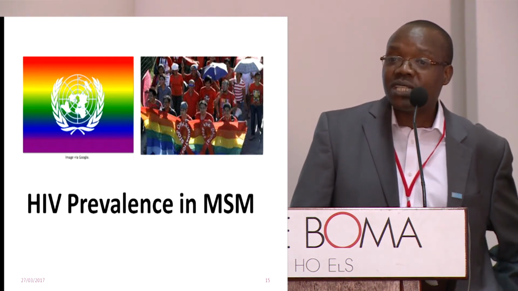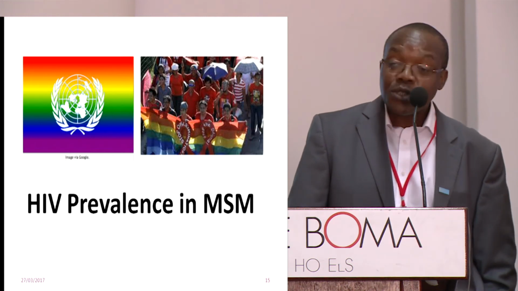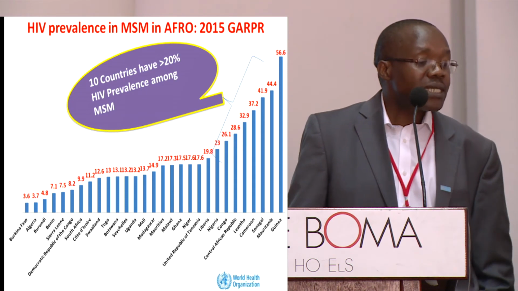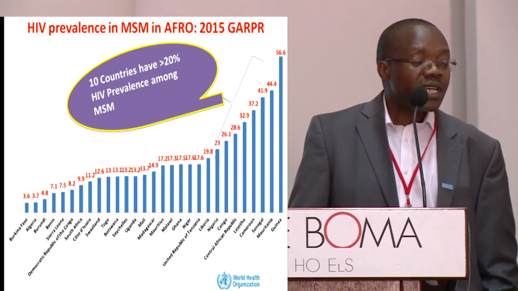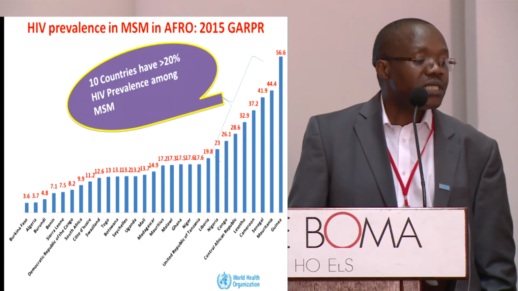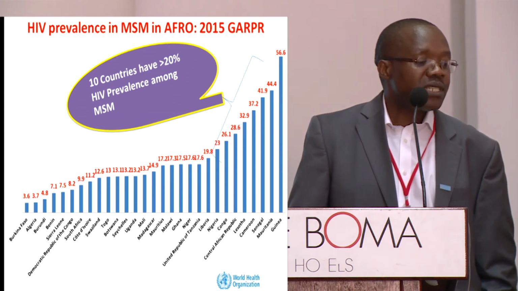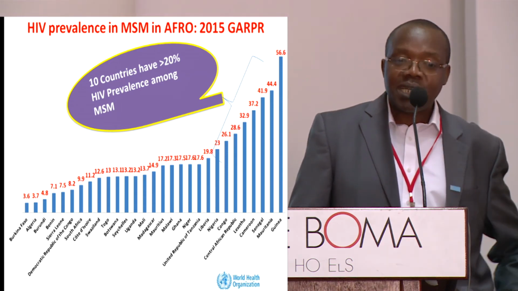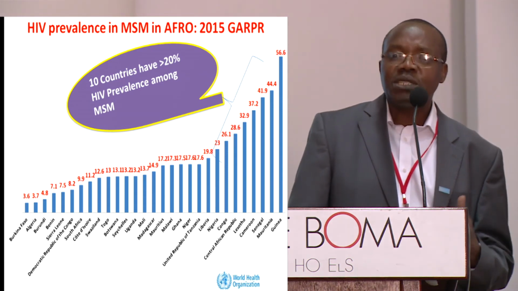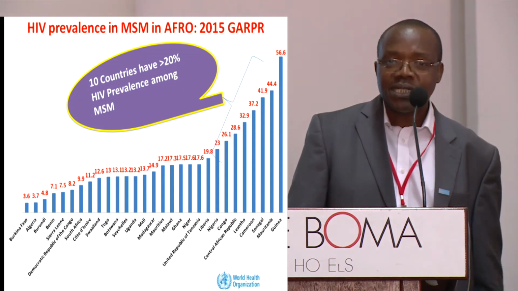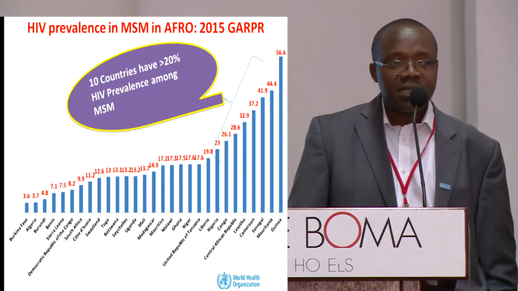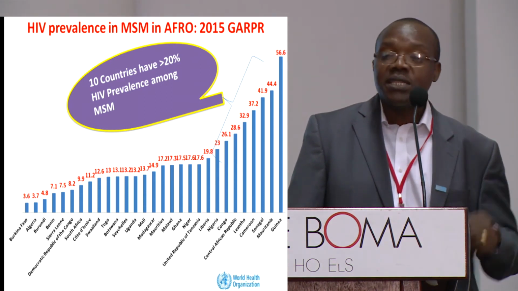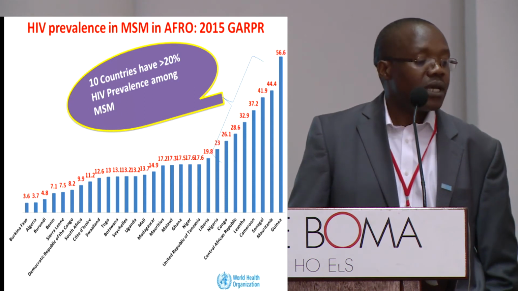But also for MSM in your continent, from the data we collect from the same exercise, we have 10 countries in our region with more than 20% HIV prevalence in MSM. Of course, we don't have much information on this. Certainly we need to strengthen our data collection, analysis and use. But the data we have now from different ministries is what this demonstrates.